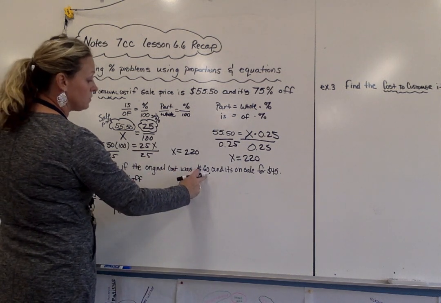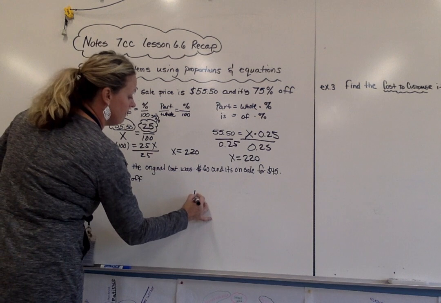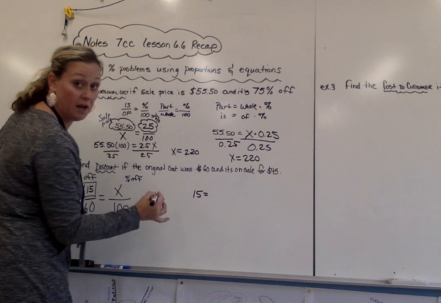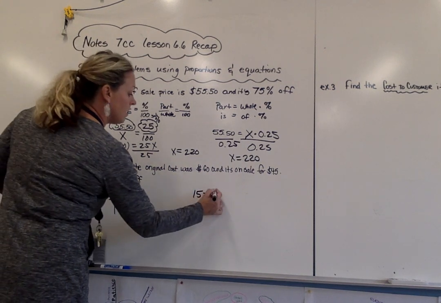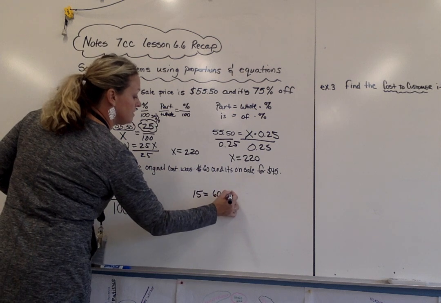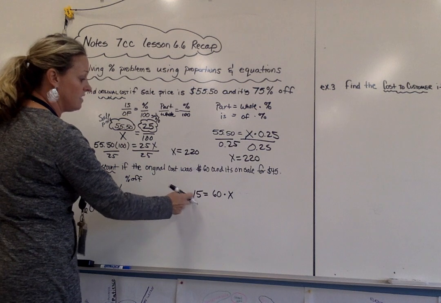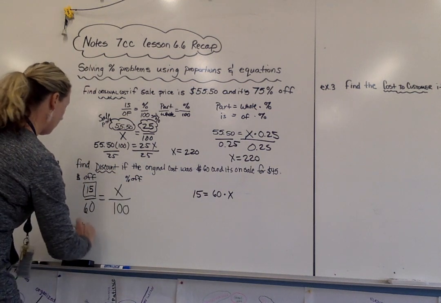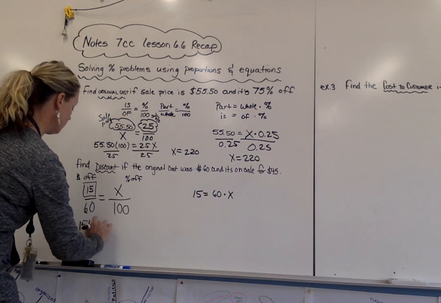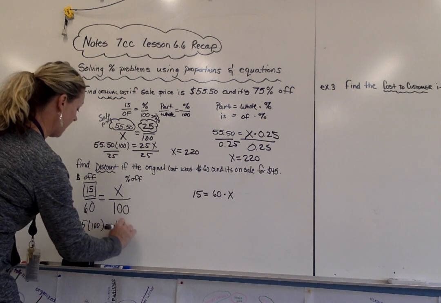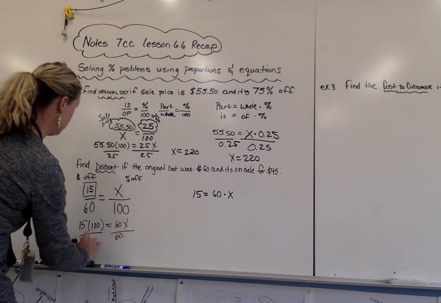The original cost was 60, and $15 is what I'm actually saving. So I want to know the percent of 60 that's going to get me the savings of 15. And I solve that by doing 15 times 100 equals 60x. I divide both sides by 60.